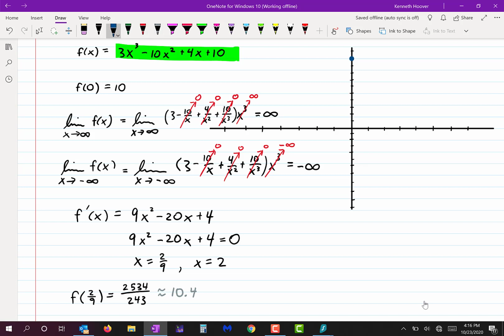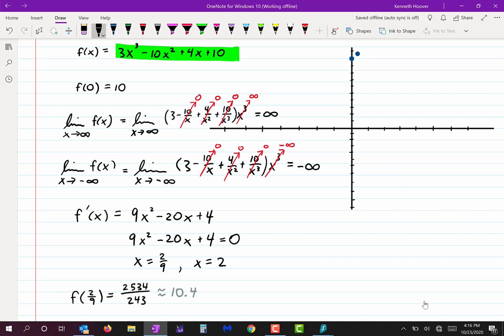So we're going to have one critical point at 2/9, comma, about 10.4. So let's just put that. It's going to be right about there. Did you see that dot show up in the picture up there?